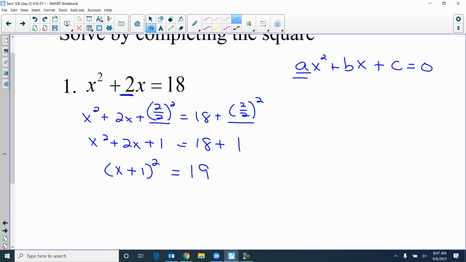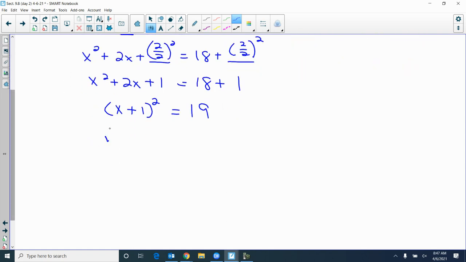Now this is where we take the square root of both sides. Sam, what's the square root of 19? 4.35. We don't know what it is in our head. You can't figure that out exactly, but we're going to take the square root. X plus 1 squared equals plus or minus square root of 19.